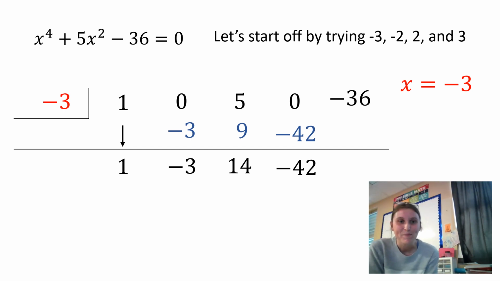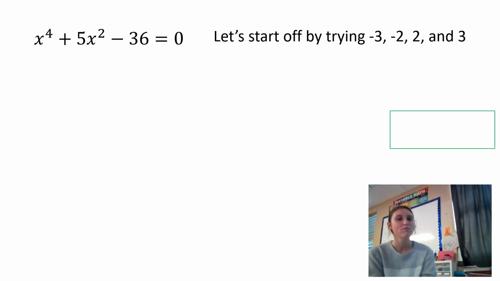And then -42 times -3 is 126, which equals 90. But 90 does not equal 0. So x equals -3 does not work. You messed it up.